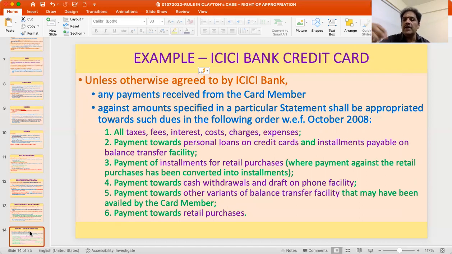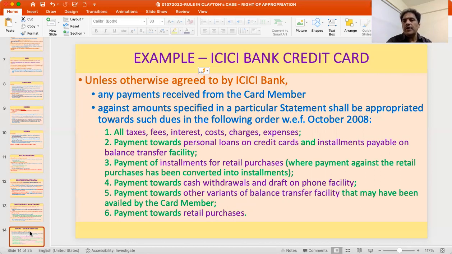Then any other variants of balance transfer facility, if there, will be paid. Finally, after appropriating for all this, if there is a balance, they will go for paying the retail purchases, which will be on a first in, first out mechanism.